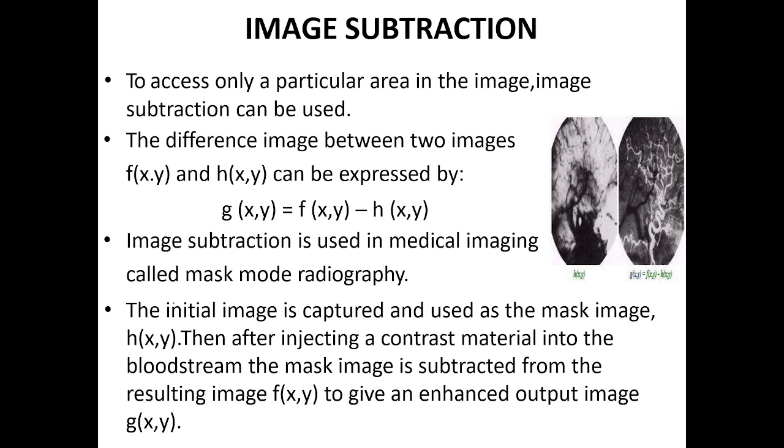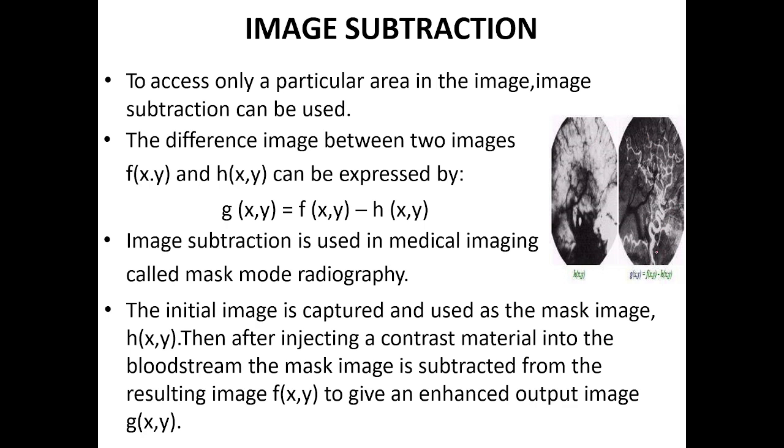An example is image subtraction used for medical imaging, called mask mode radiography. An image is captured as a mask image, then contrast material is injected, which converts the darker parts into a brighter image.